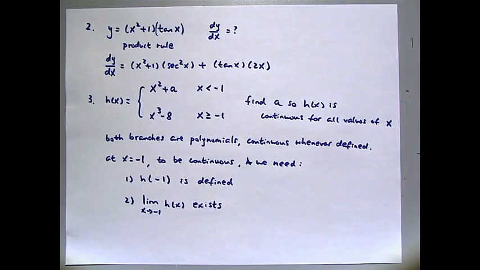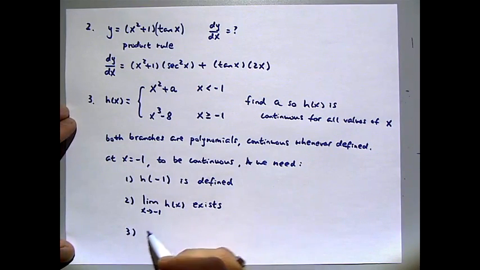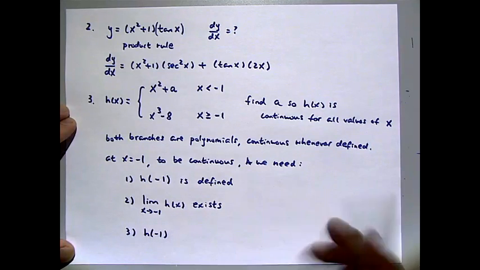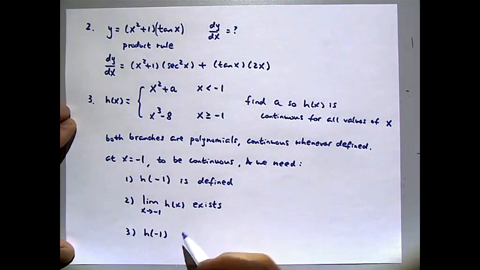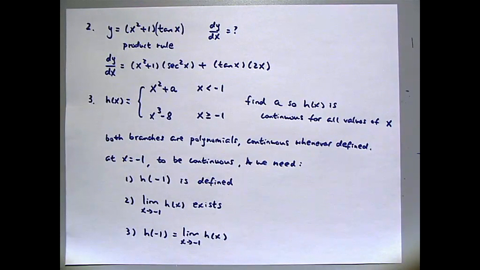Second, the limit has to exist as x approaches minus 1. Then lastly, the function has to be defined and the value has to be equal to the limit. Okay, so we'll have to check these 3 things to make sure things happen.